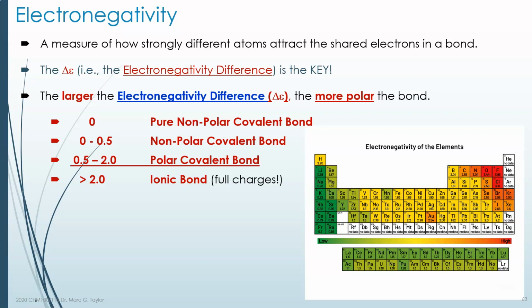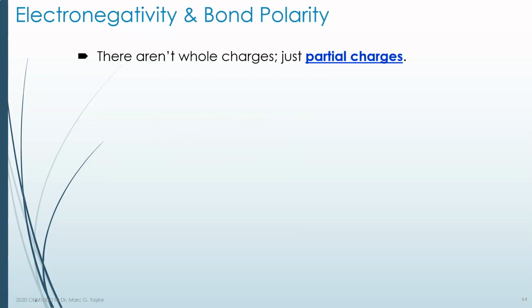It's not shared. It would instead be an ionic attraction between two opposite charges or an ionic bond. So when the electronegativity difference is less than 2, it's still covalent, and they may have what we call partial charges.